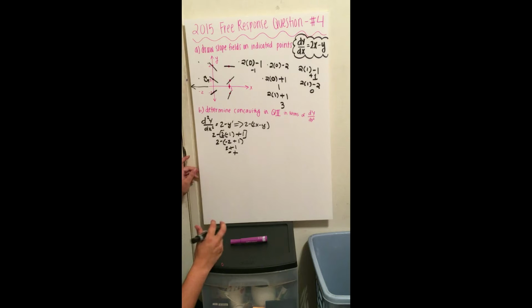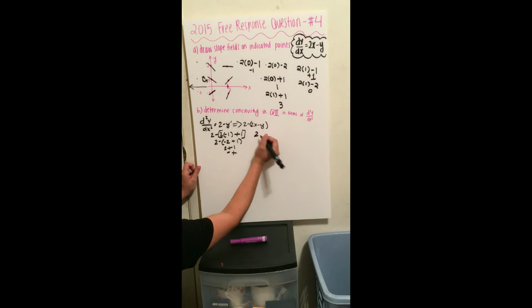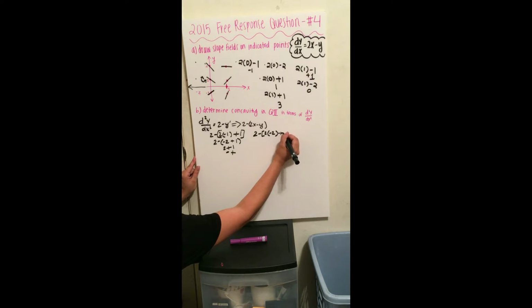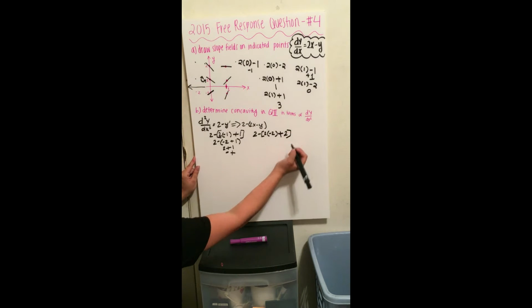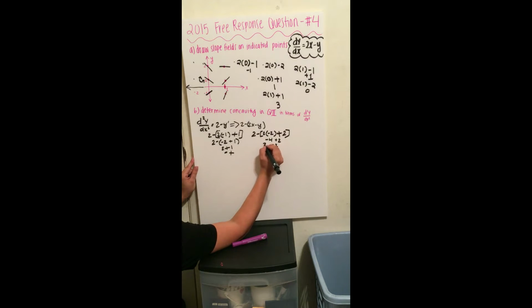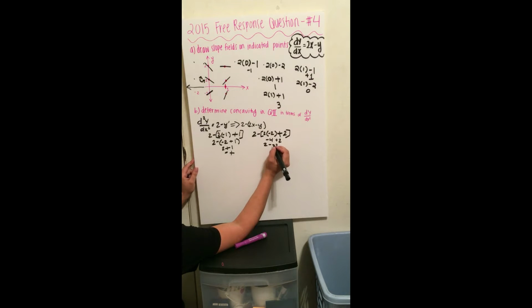Now we can test another point just to make sure. 2 minus 2 times -2 minus 2, but this eventually becomes plus. So this is -4 plus 2, which is -2. And we have 2 minus this.